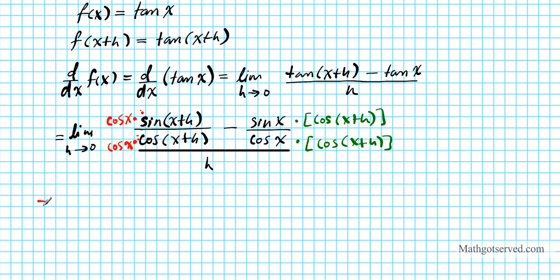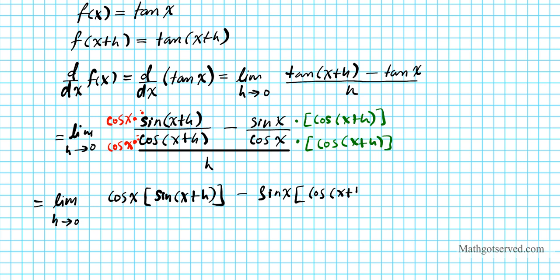All right. So I'm going to include a lot of intermediate steps so we don't get lost in the symbolic manipulations. We're going to have the limit as h approaches 0. Here on the top we have cosine x times sine of x plus h, minus over here sine x times cosine of x plus h.